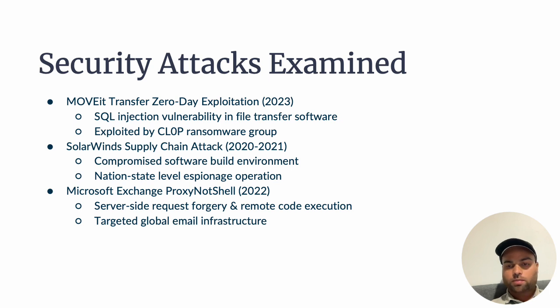Second, the SolarWinds supply chain attack from 2020 and 2021, a sophisticated operation that compromised the software build environment to distribute malicious code through legitimate updates. And the third one is the Microsoft Exchange ProxyNotShell vulnerabilities from 2022, which allowed attackers to compromise email servers worldwide using server-side request forgery combined with remote code execution techniques.